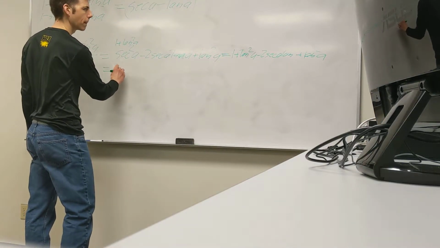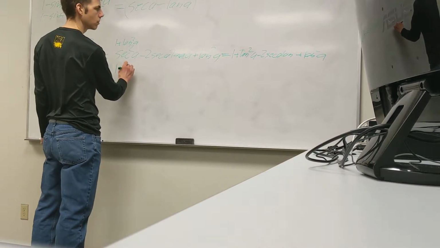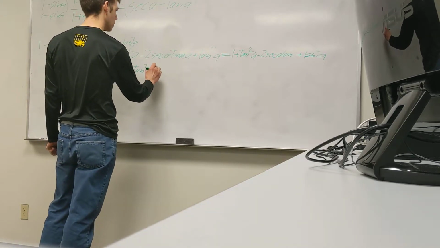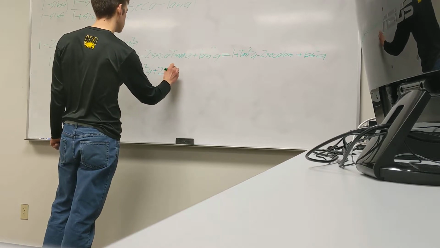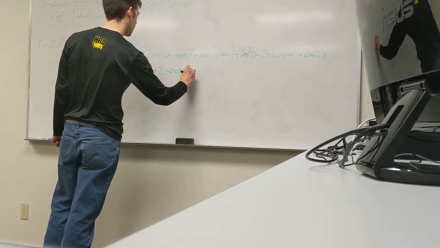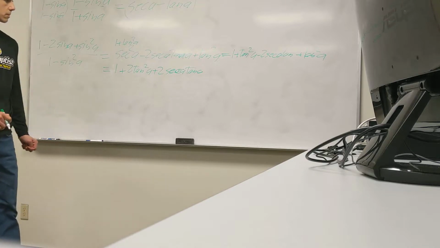1 plus 2 tangent squared A plus 2 secant A tangent A. You guys see what I might be able to do with that?